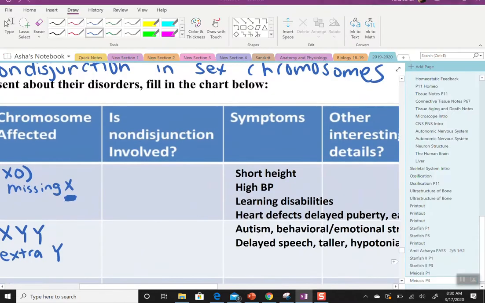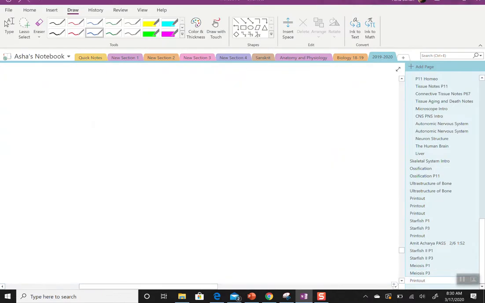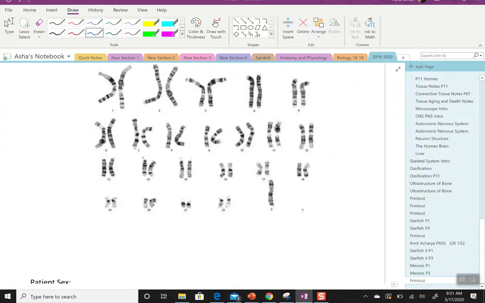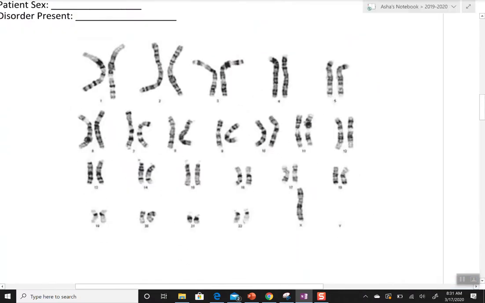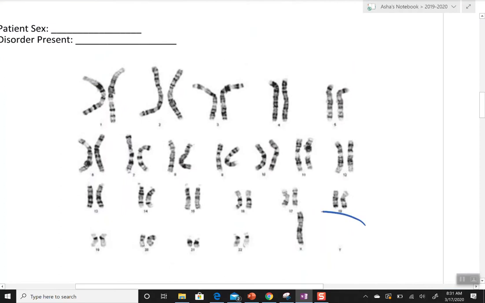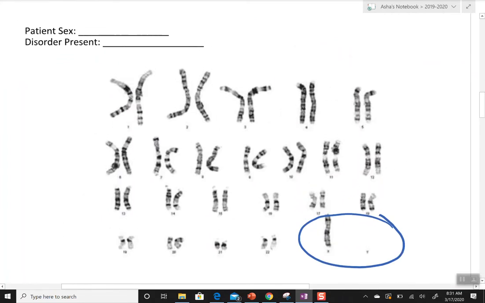So here we're having a missing X chromosome. If I could just look at my karyotype here. This patient here is actually suffering from Turner syndrome, because as you can see here, you usually need two sex chromosomes to determine your gender. You're usually XX if you're a female, or you're XY if you're a male. And here, there's only one X chromosome. You have a missing X. There's no Y here.